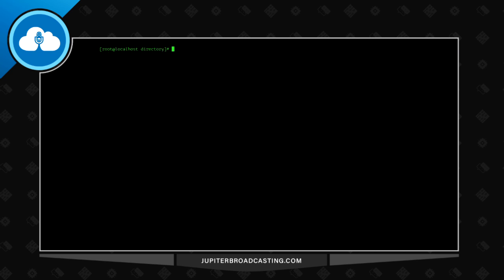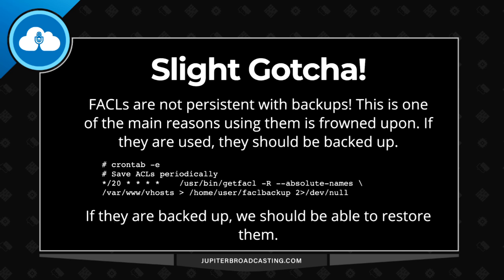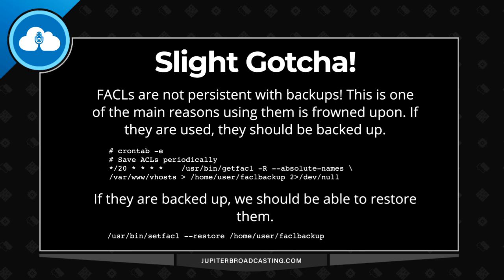Then taking a look here. So real quick, slight gotcha. Depending on your backup system or backup method, FACLs aren't stored essentially with the file. So if you do a tarball or you copy your file to another location, FACLs aren't stored with it, right? So what we try to do is, if we're using FACLs, to back them up periodically.